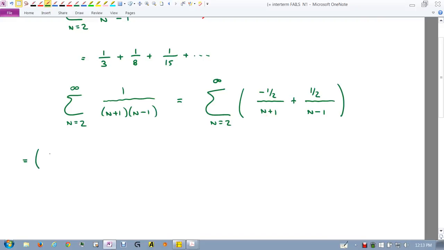So the first one's going to be -1/2 over 3 plus the next one would be 1/2 over what? 1. Okay, that's what happens when we plug in 2. Now plug in 3. -1/2 over 4 plus 1/2 over what?